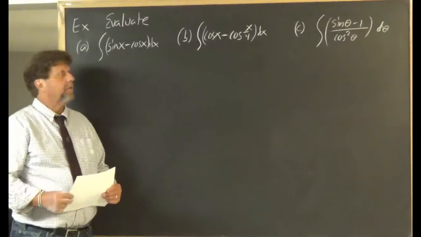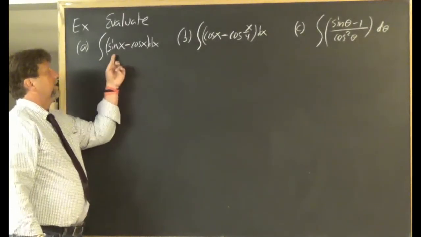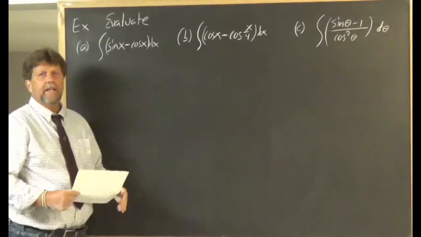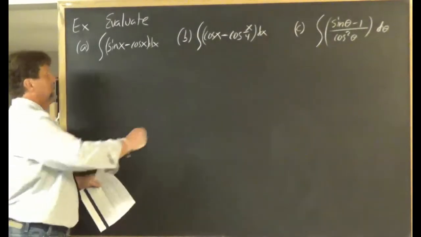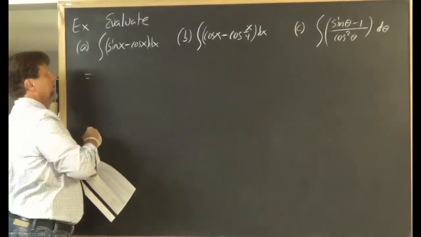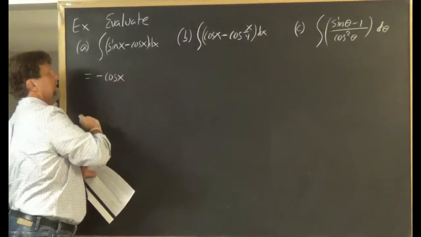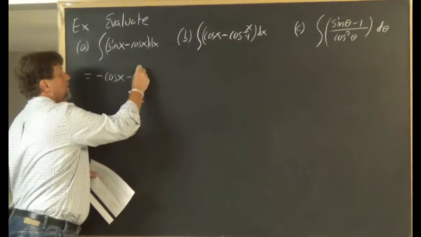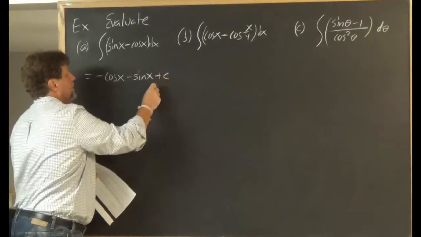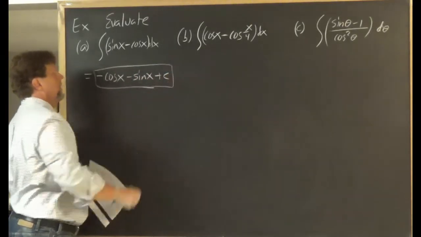All right, this example, part A, we're going to integrate sine x minus cosine x dx. We'll just do it term by term. The antiderivative of sine is negative cosine x. The antiderivative of cosine is sine x. That is it. We are done.